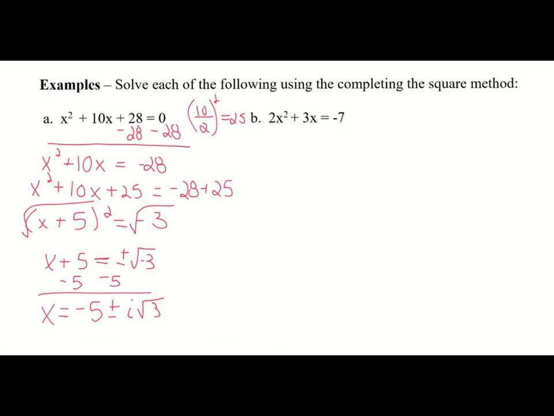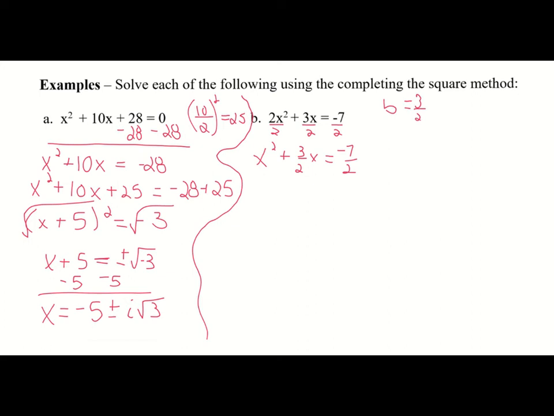All right, now for B, they did isolate C for us, or move it to the opposite side. But we do have an A value, so we are going to divide everything by 2. And that's going to leave us with x squared plus 3 halves x equals negative 7 over 2. Oh boy. Okay. So now for B, B is 3 halves.